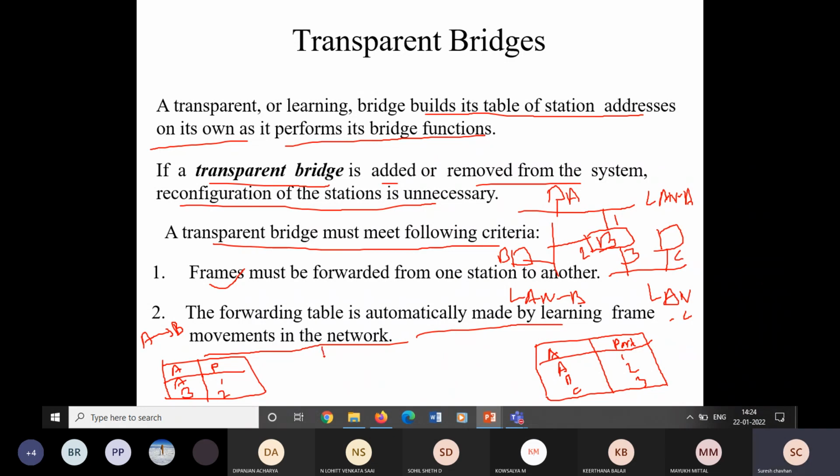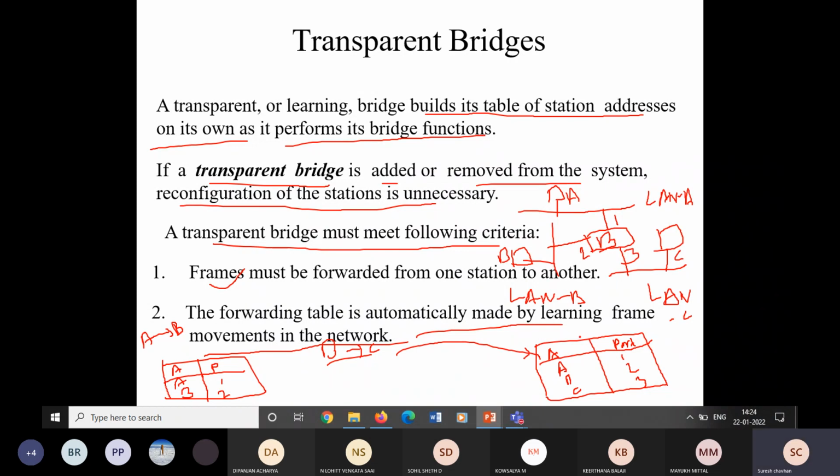Suppose B wants to send data to C. At that time we already have A and B physical addresses and port numbers, so we will have this final table.